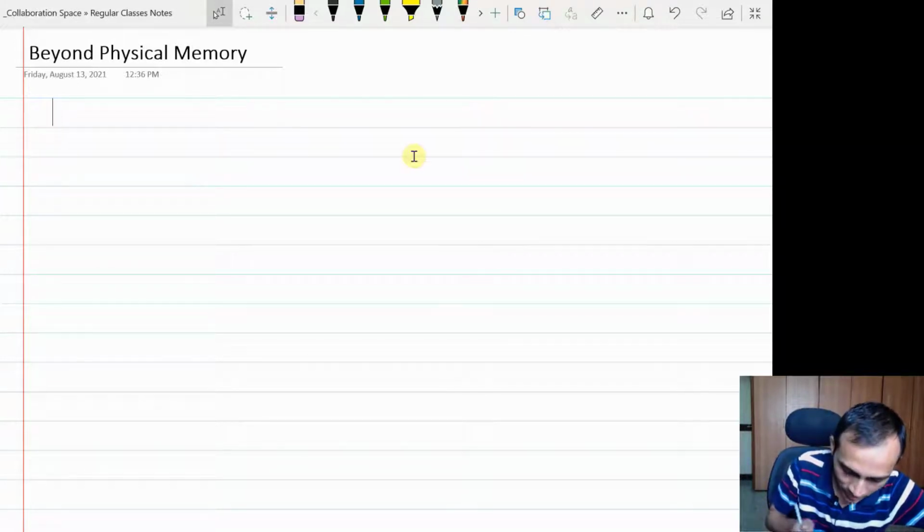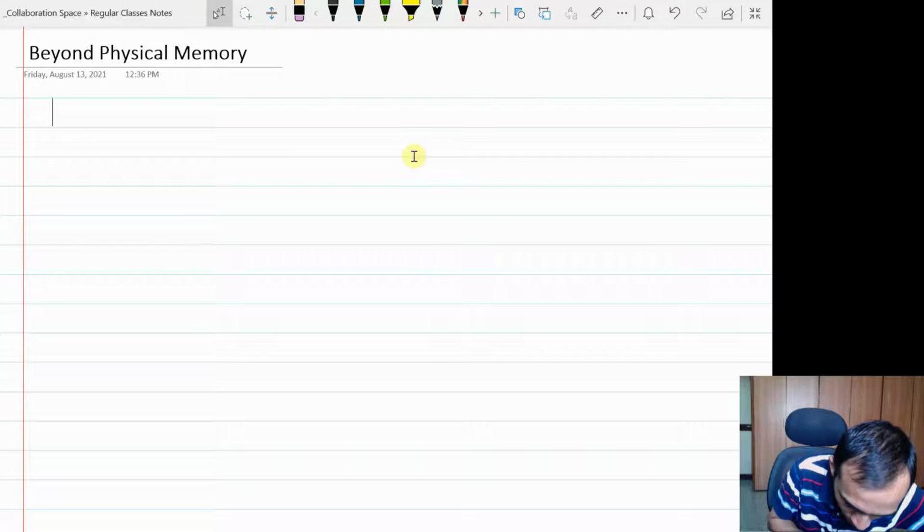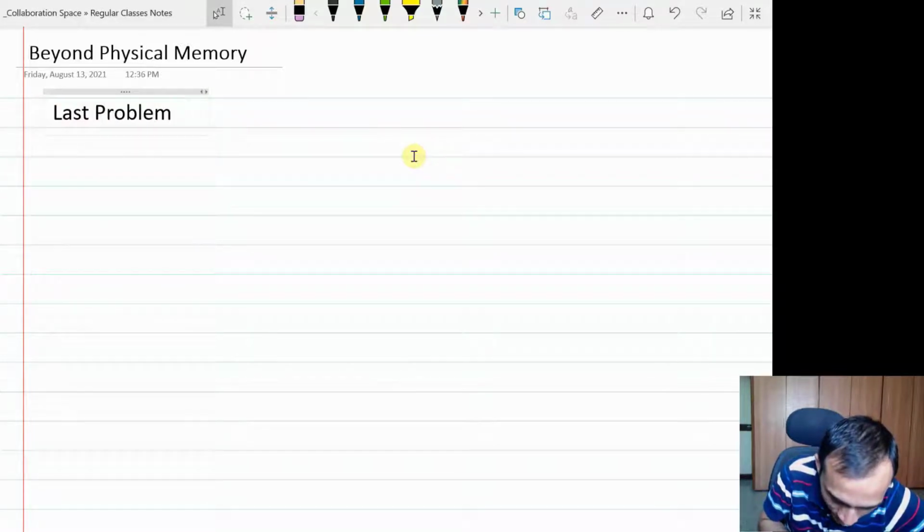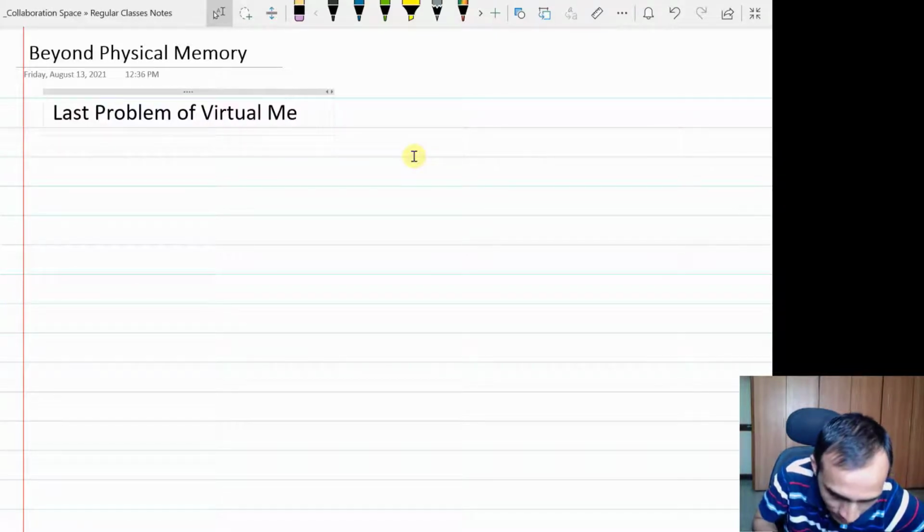So the last problem that we are going to talk about today is a part of the same virtual memory illusion that the OS is trying to build up. I don't know how many problems we have discussed, so I'm just writing it's the last problem.